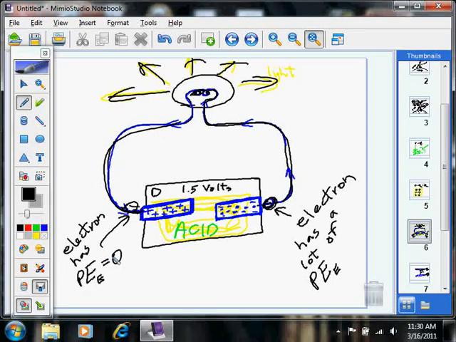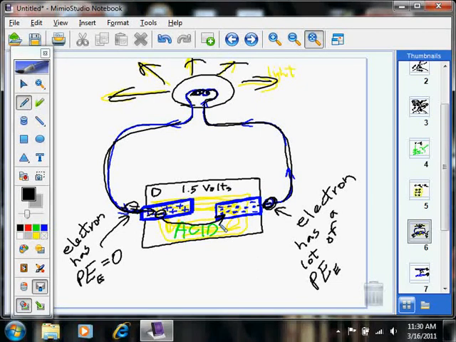Now, in order to get that electron back from the positive terminal, because that's where it's going to go into, in order to get it back from the positive terminal, back to that negative terminal, that's not going to be easy.